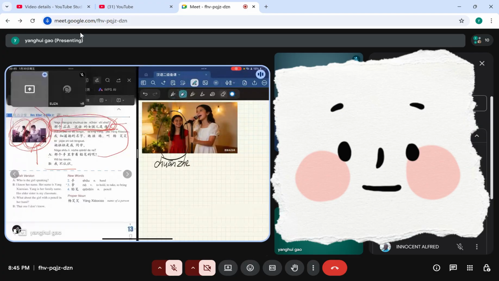So she is wearing a red dress. 穿着 red dress, that's 红裙子. So this is her characteristic, right? So when we say wearing the red dress, we know we talk about her. So now, can you make a sentence to ask who is that girl?